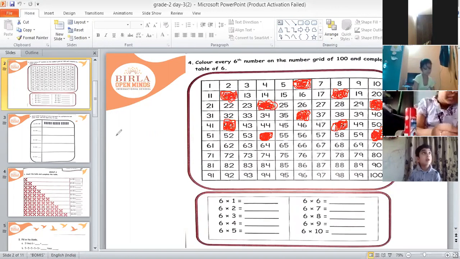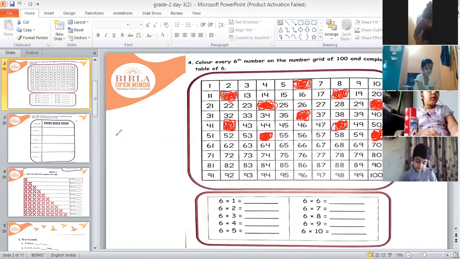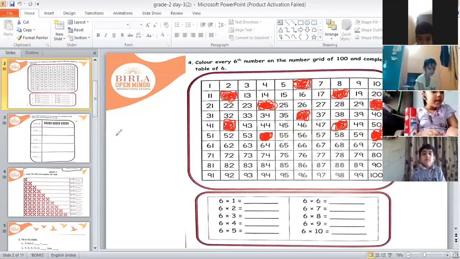Okay, that's correct. Now, okay, children, count and tell me how many numbers we have colored till now. Total, how many boxes have we colored? 1, 2, 3, 4, 5, 6, 7, 8, 9, 10. 10, ma'am.